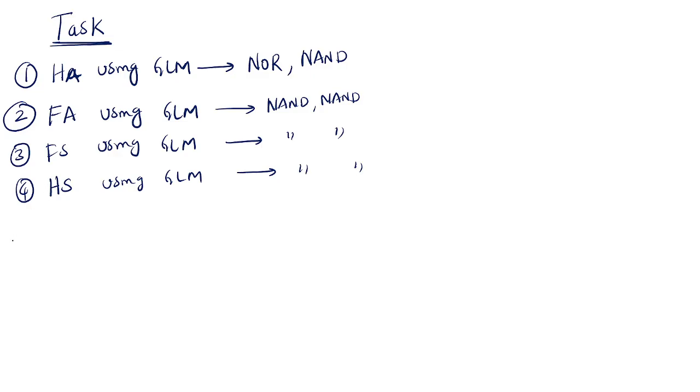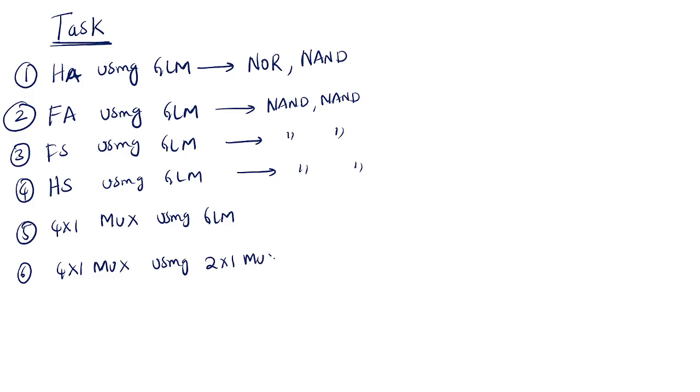2 cross 1 mux I already told; next 4 cross 1 mux using GLM, and next 4 cross 1 mux using 2 cross 1 mux using GLM.